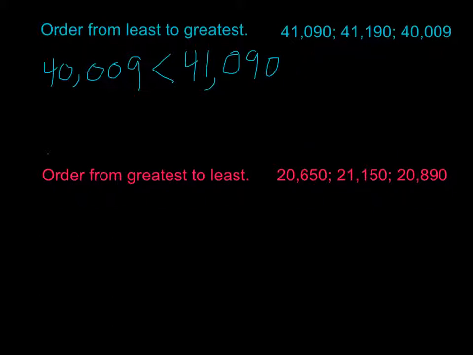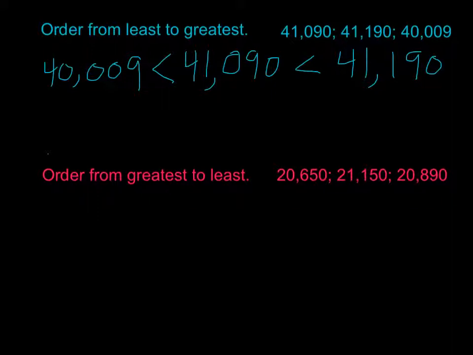So I'm going to get rid of that really fast, and then we're going to go is less than 41,190 becomes our answer. And that is ordered from least to greatest.